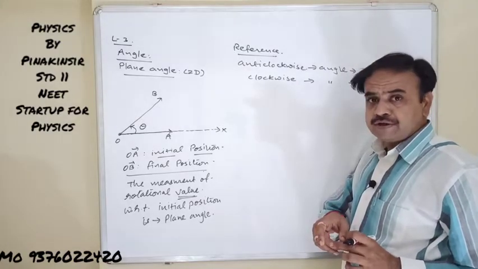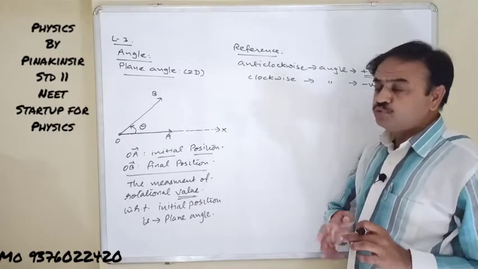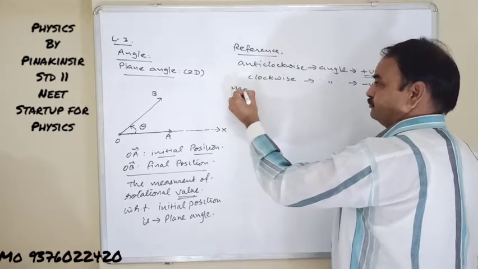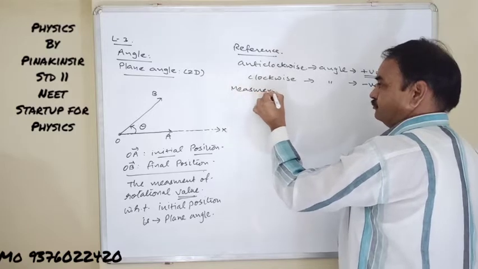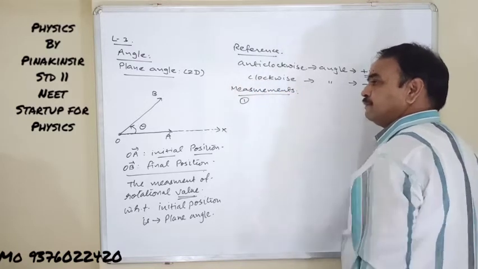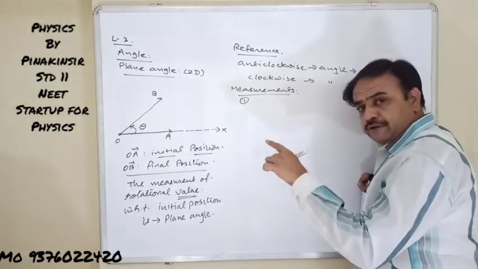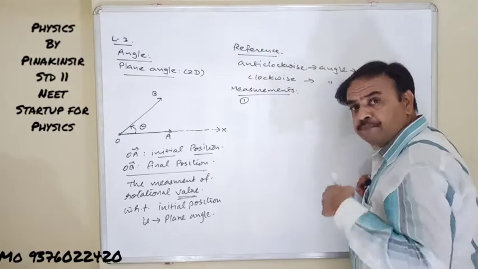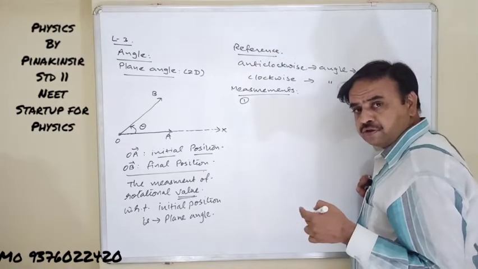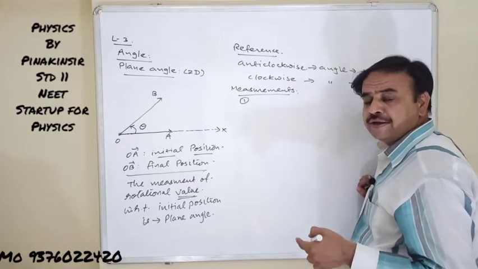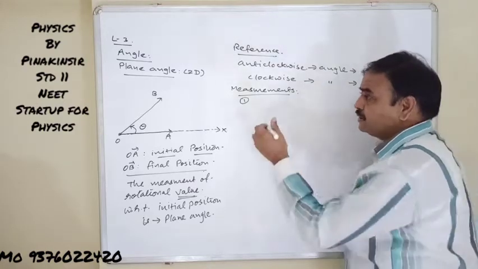Thereby we have assigned two units for measuring angles. Number 1: if this ray completes one rotation, then the value of this rotation is taken as 360 degree.